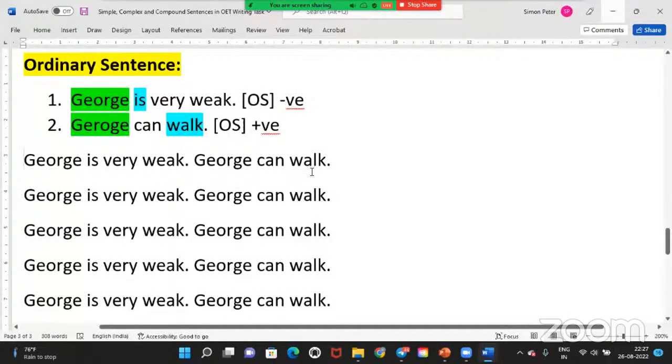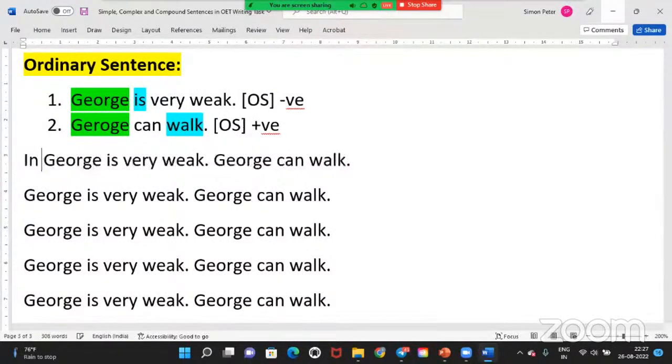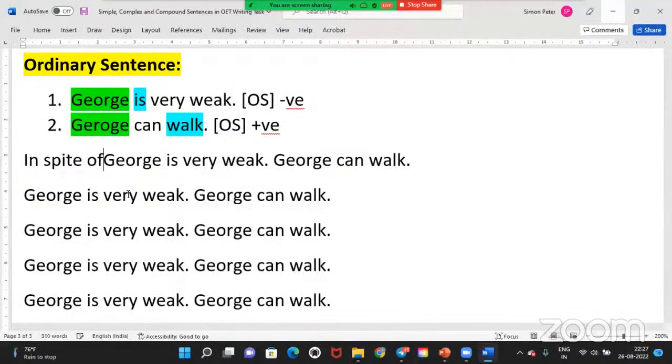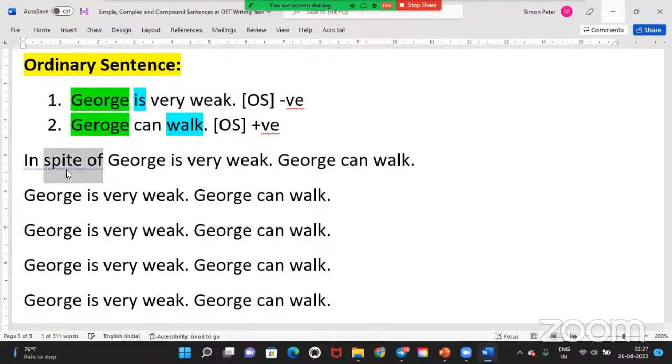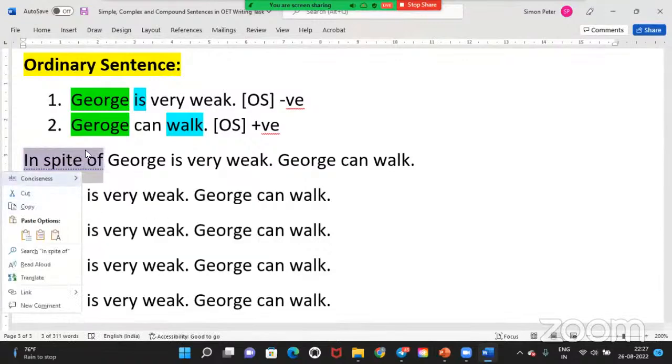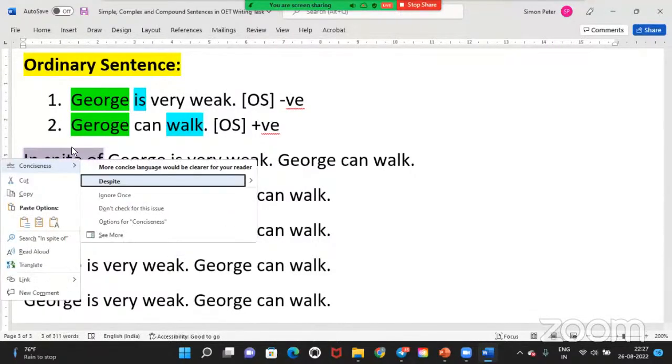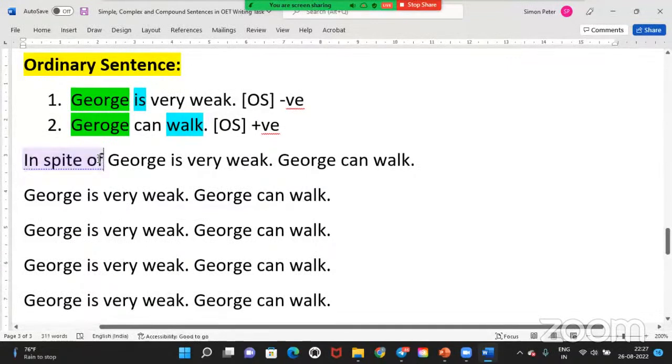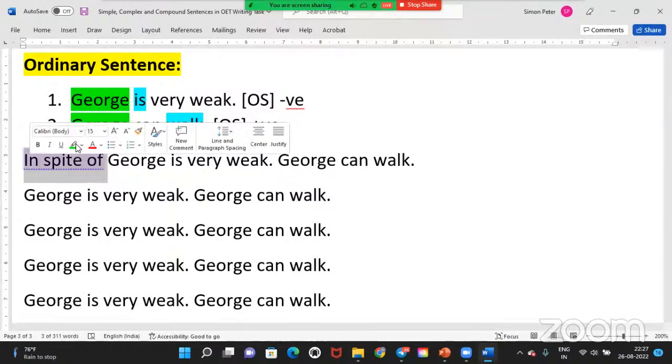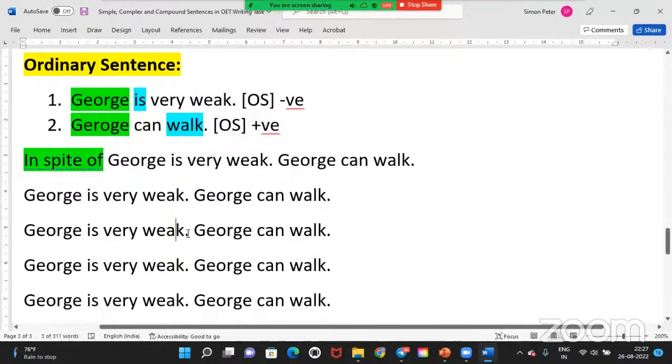George can walk. So here what we are doing is, we are using the structure "in spite of". Okay.